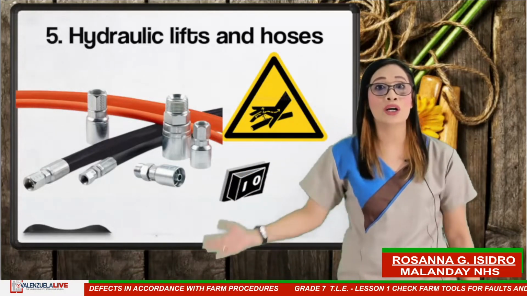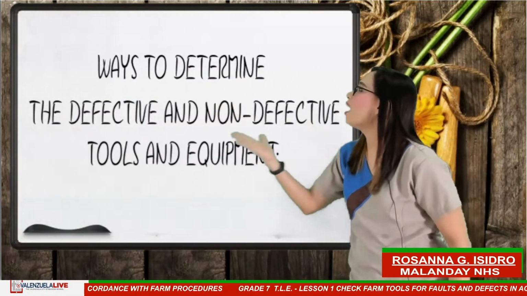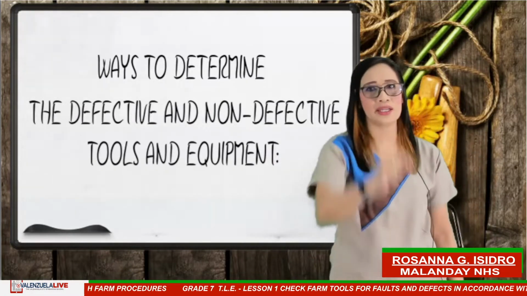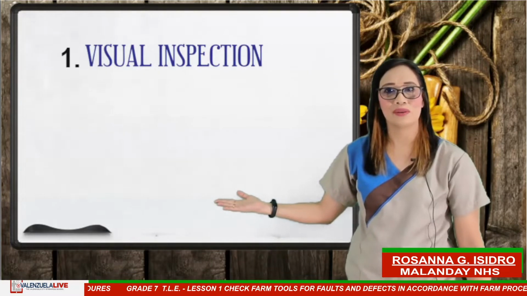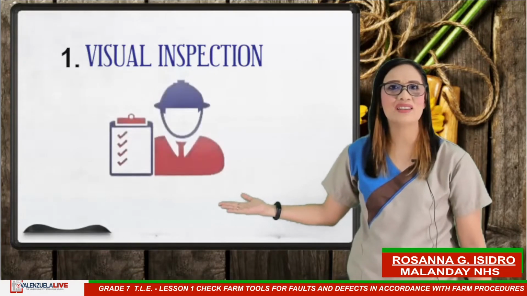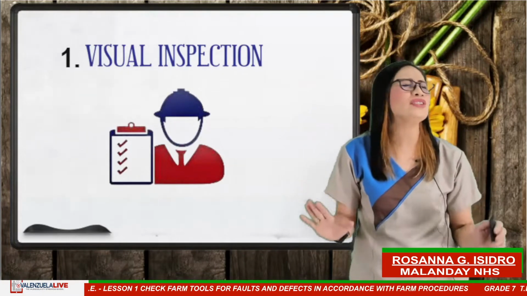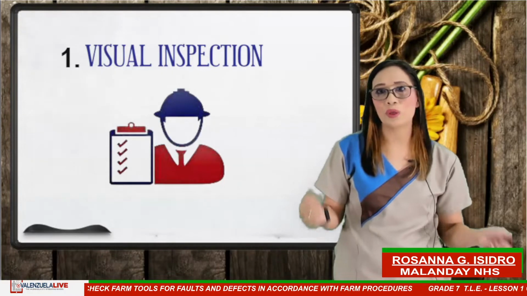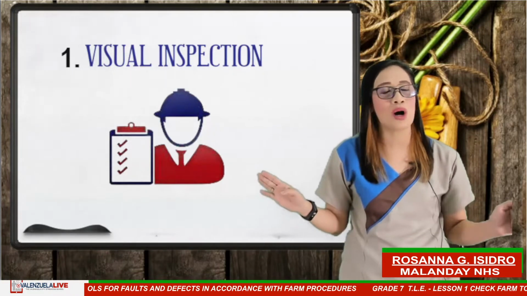Now, there are some ways to determine the defective and non-defective tools and equipment. First, visual inspection. Defective and non-defective tools are described by their physical appearance, such as dullness, sharpness, dismantled parts, and more.